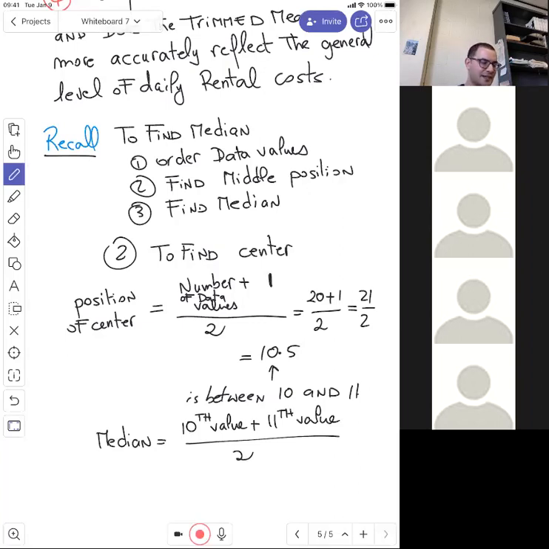It's going to be exactly one number. Yes. But in both cases, you can use the same formula, the position of the center. Odd or even, doesn't matter. You can always use this.